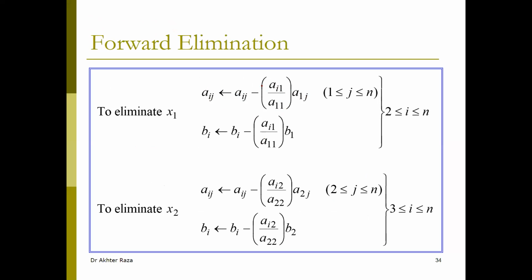This is the factor we are going to calculate. The factor is multiplied by all elements of row number 1 and then subtracted from the corresponding elements. After the subtraction, one element becomes 0.